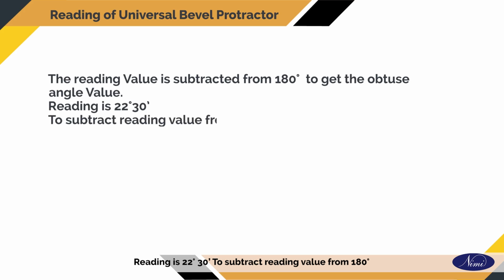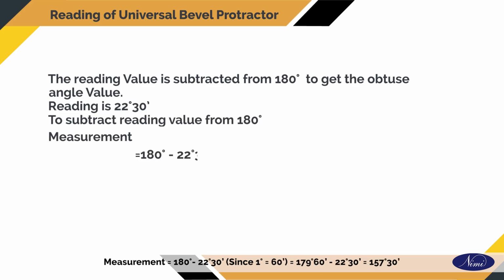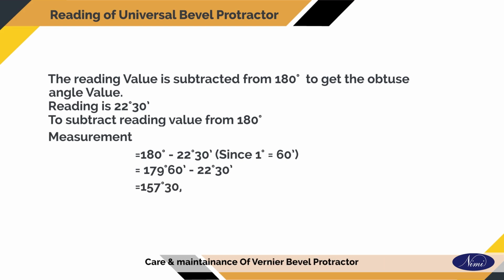To subtract the reading value from 180 degrees, measurement is equal to 180 degrees minus 22 degrees 30 minutes. Since 1 degree is equal to 60 minutes, this is 179 degrees 60 minutes minus 22 degrees 30 minutes, which is equal to 157 degrees 30 minutes.